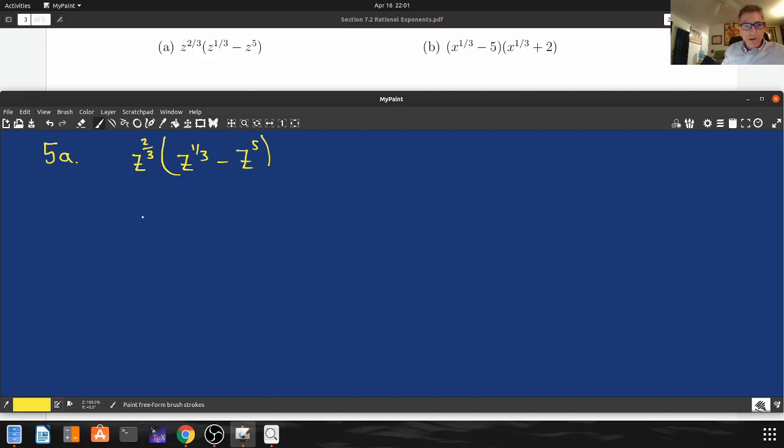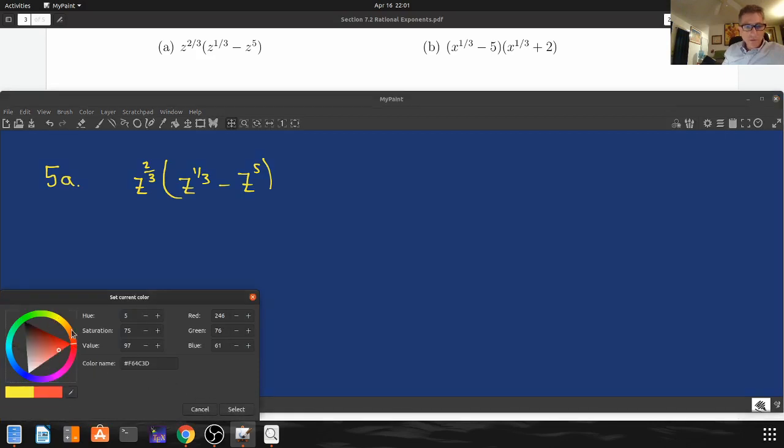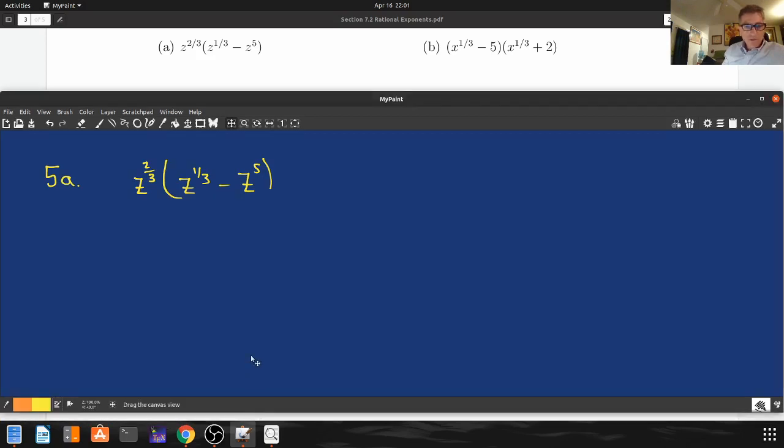So as in all cases, when I'm multiplying something like this, I just use the distributive law. I take this entire factor right here, z to the 2/3, and I multiply it first times z to the 1/3, and second times minus z to the 5th.